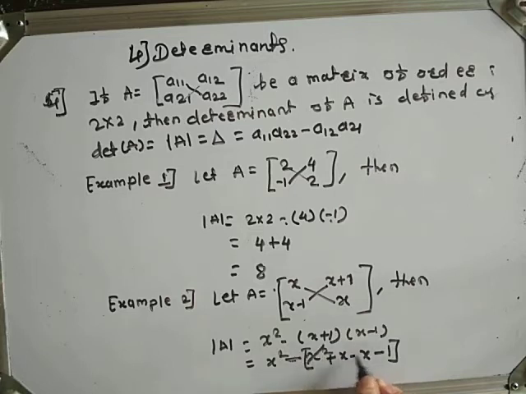Here the x minus gets cancelled, this x square minus x square also gets cancelled. Minus 1, this minus becomes plus. So determinant of A is equal to 1.